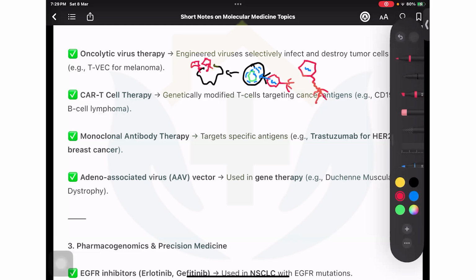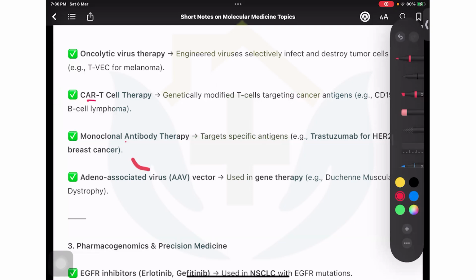And then this will continue to infect the cancer cell and killing it completely. So there are chances that this one can be used. In fact, one of those oncolytic viruses is already in use. For example, in melanoma, which is a skin cancer, and the virus is Treg.